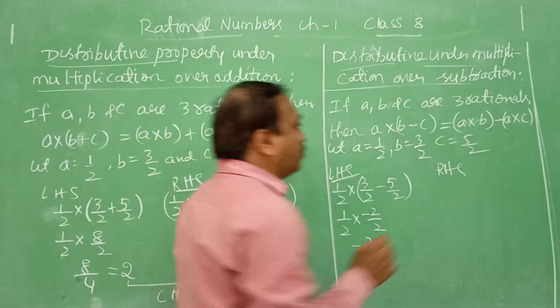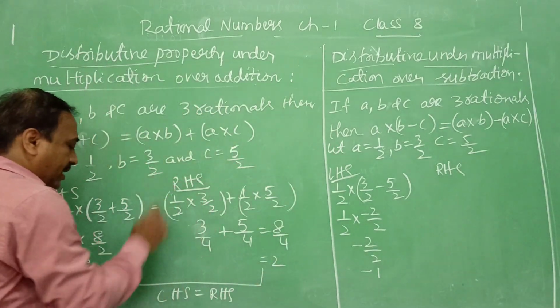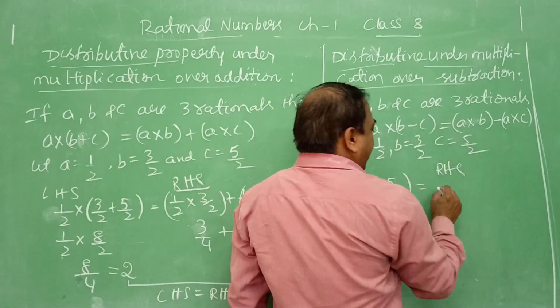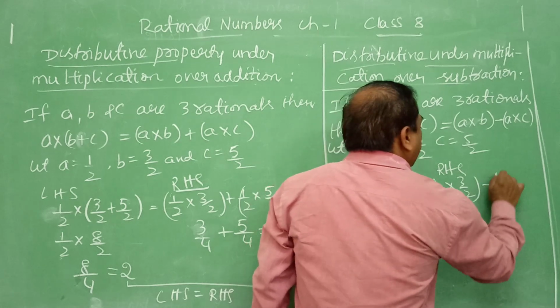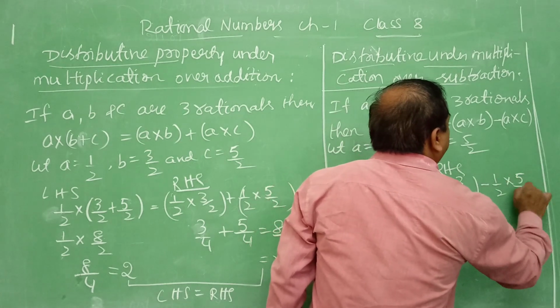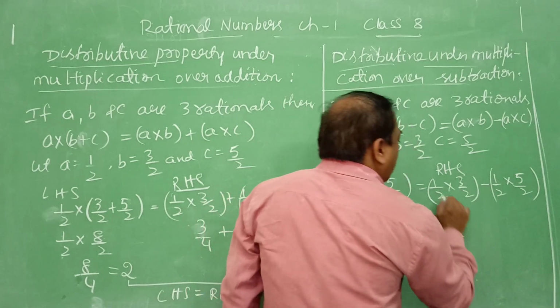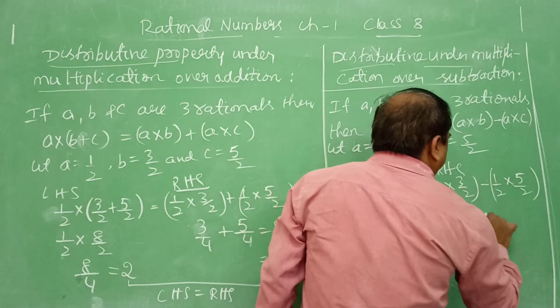So RHS is what? A into B, which is equal to, these are all equal. So RHS, A into B: 1 by 2 into 3 by 2 minus 1 by 2 into 5 by 2. So 1 into 3, 3 by 2, 1 3s are 3, 2 2s are 4, minus 1 5s are 5.